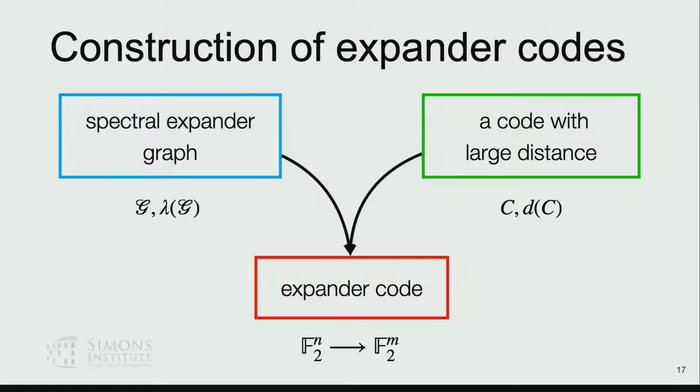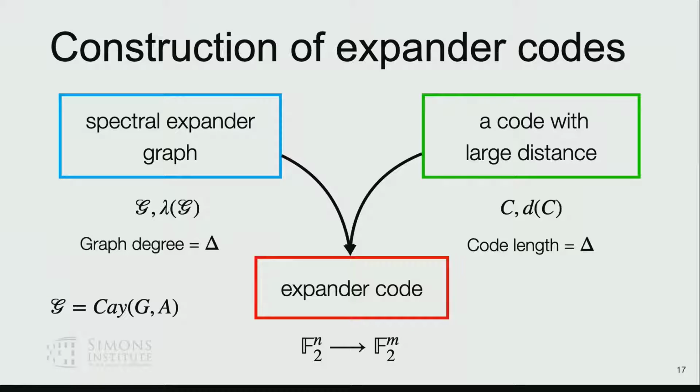Lambda here is the spectral parameter and d is the distance, and in this context they're both normalized, meaning lambda is divided by the degree of the graph, and d is divided by the length of the local code. The thing that relates these two objects is that the graph degree is the same as the code length, denoted delta. As a side remark, these graphs often come from Cayley graphs, and this will appear again later on.